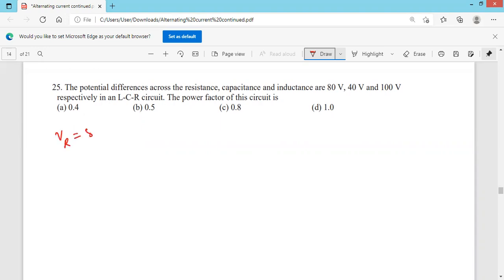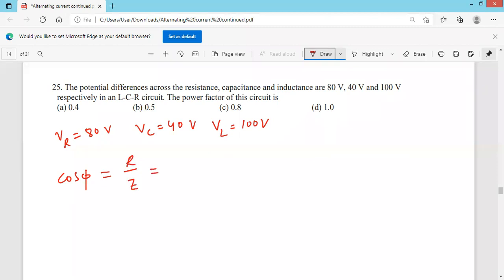VR is equal to 80 volt, VC is equal to 40 volt, VL is equal to 100 volt. The power factor is cos phi, and this cos phi is equal to R by Z, because in a series circuit the current remains the same.